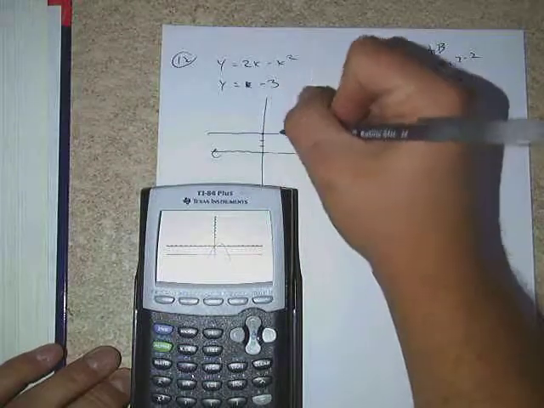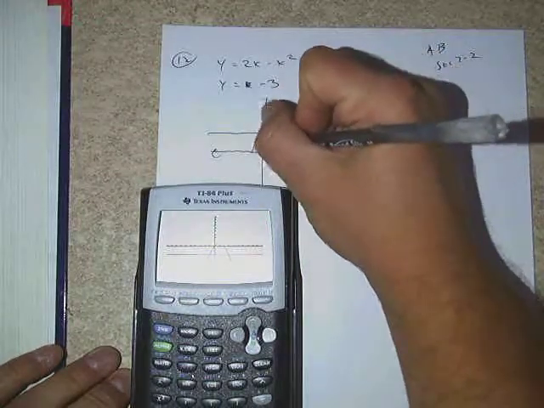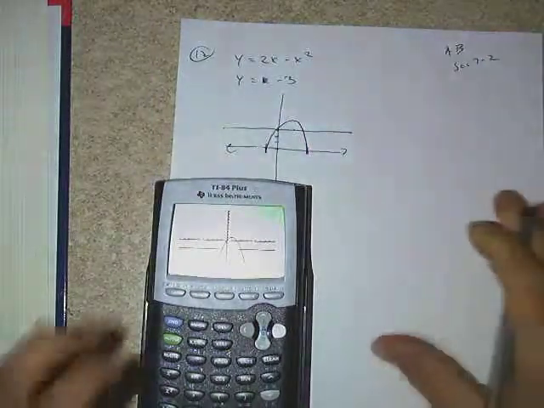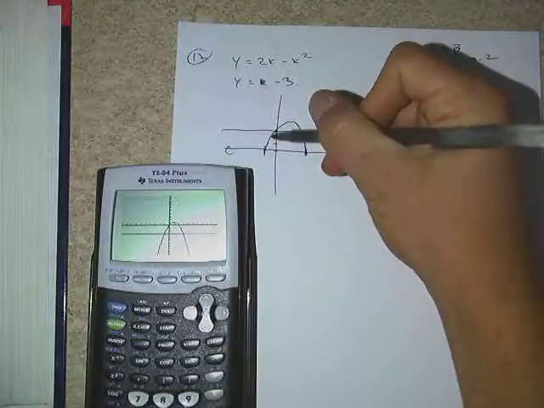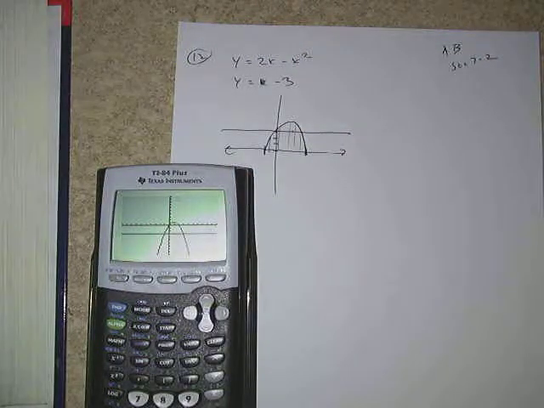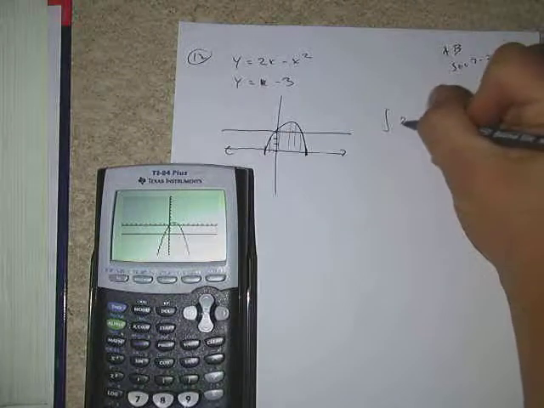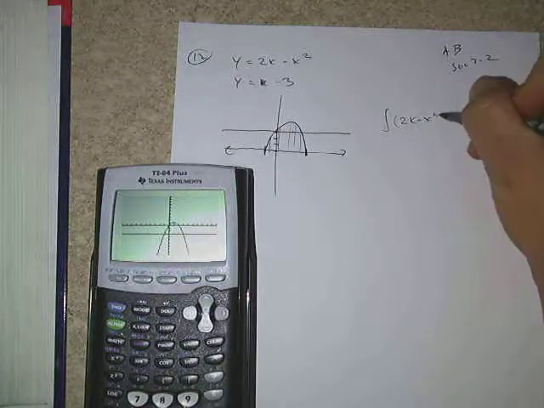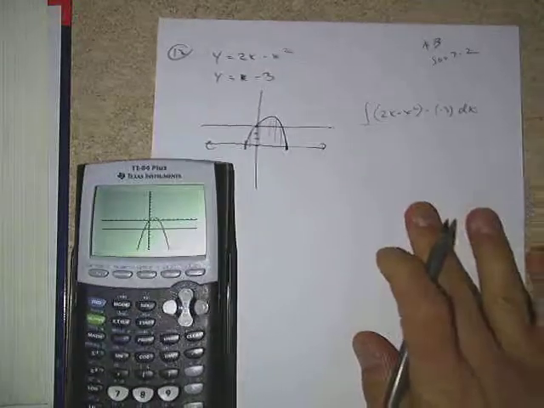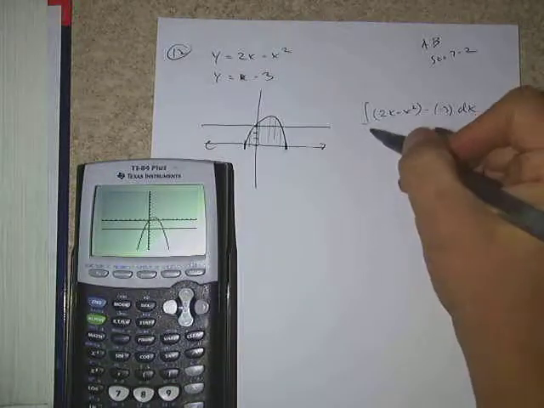We can see that it goes through 0, 0, and the bottom line has that general shape. So the question then is, in this region, if we were to draw a rectangle anywhere, the top would always be the parabola and the bottom would always be the line, wouldn't it? So then wouldn't the integral just be 2x minus x squared minus negative 3 dx for the integrand part?